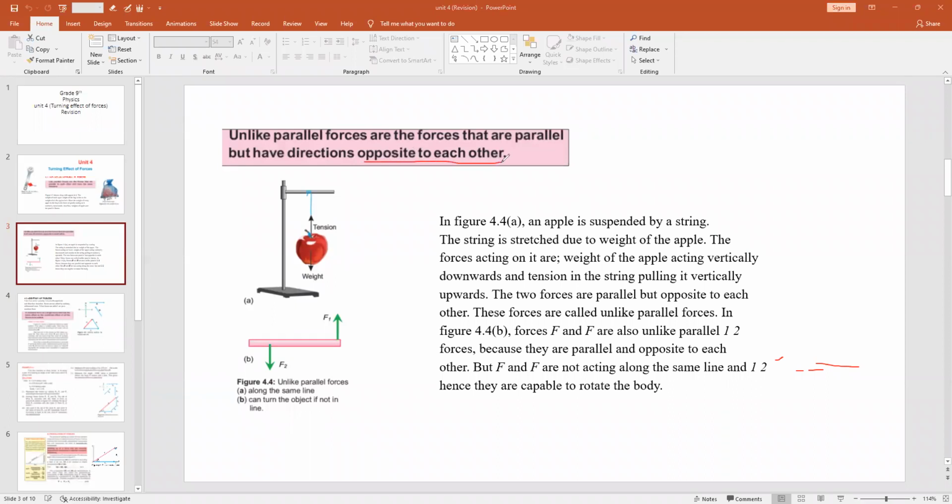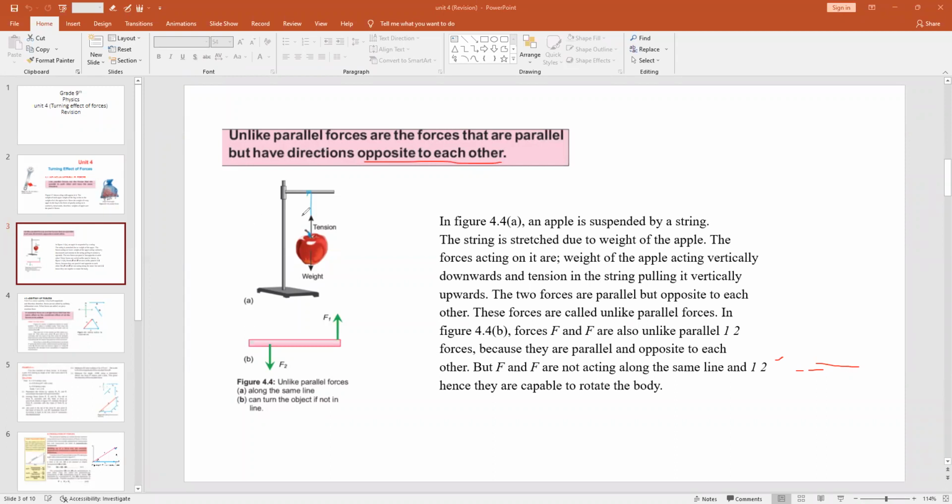So we can say that these are the unlike parallel forces. In both unlike and like parallel forces, forces must be parallel to each other but they vary in direction. In the case of like parallel forces, the direction must be the same, but in the case of unlike parallel forces, the direction must be opposite to each other.